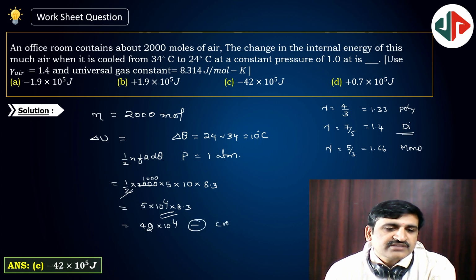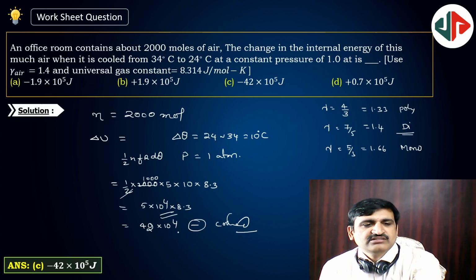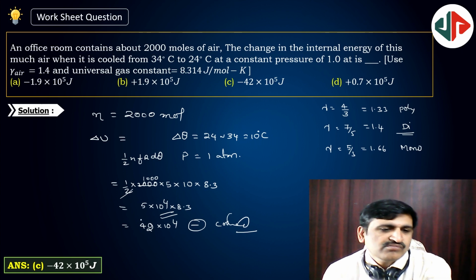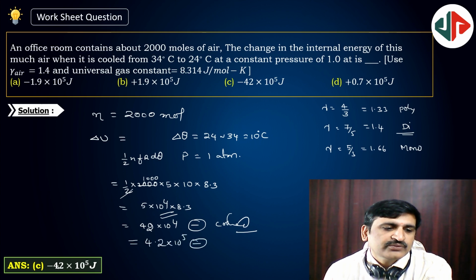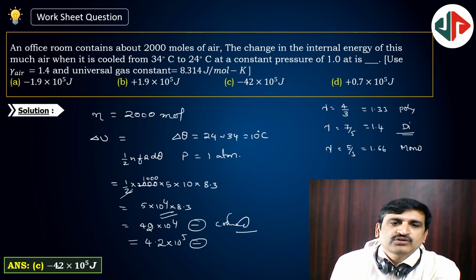So it is 4.2 into 10 to the power of 5 with a negative sign.